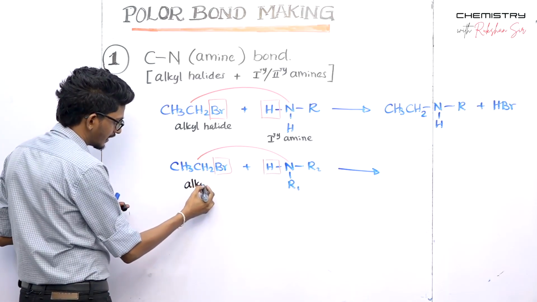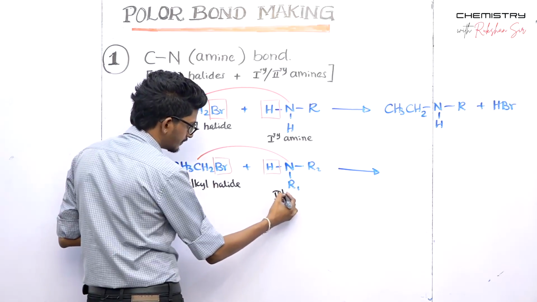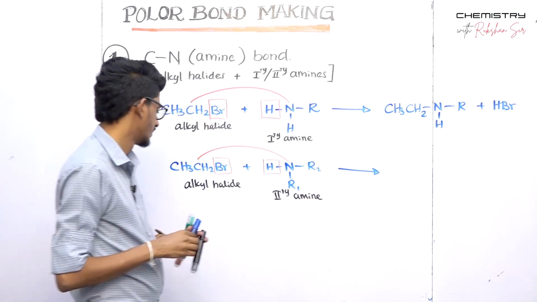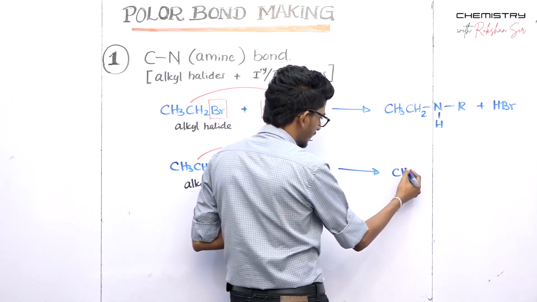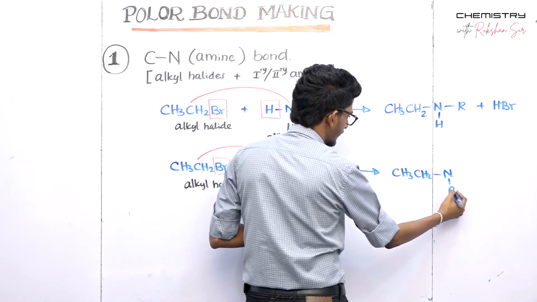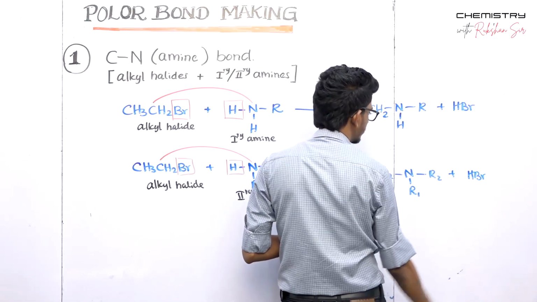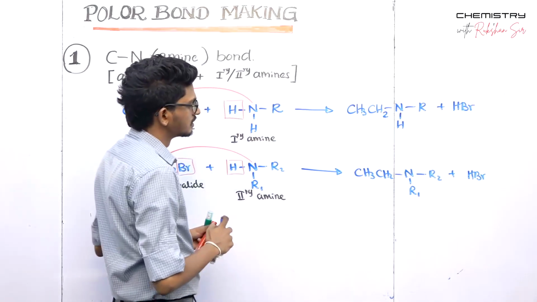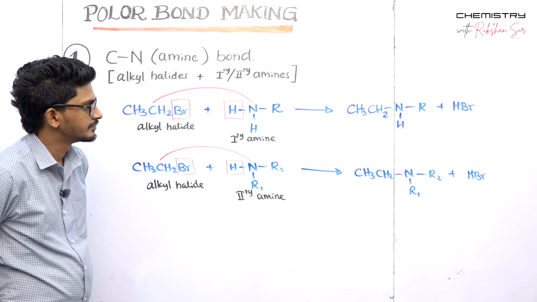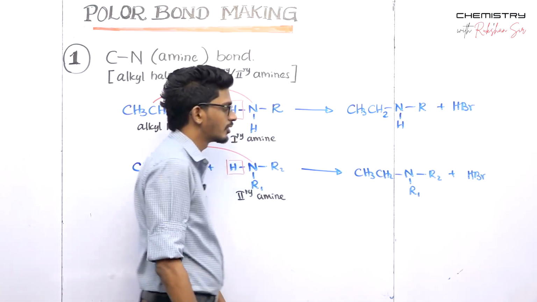So again, some alkyl halide reacting with a secondary amine gives the compound CH3, CH2, R1 and R2, and a small HBr molecule will leave. That is how you form the CN single bond.